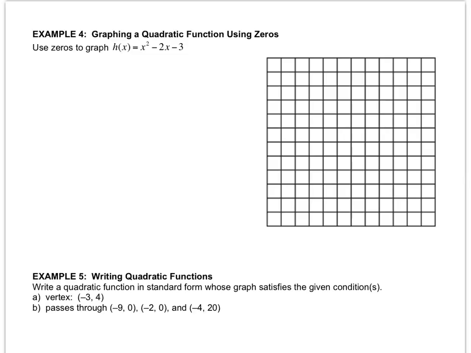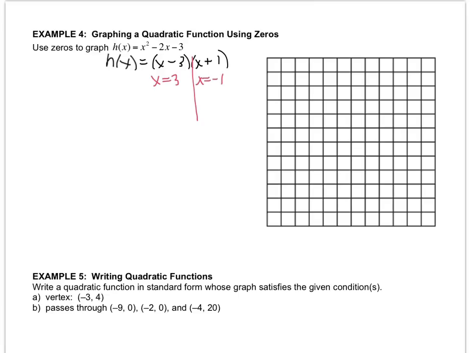First thing you have to do is get it in factored form. So h of x equals, that gives me, I know it's a 3 and a 1, because that's the only pair, and I want to get a -2 in the middle, so there we go. So that's factored form. Now I have to get the zeros, so x equals 3, and x equals -1 are my zeros.